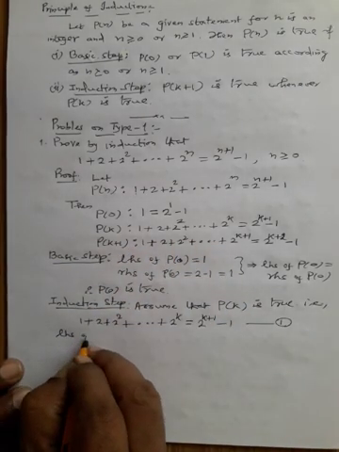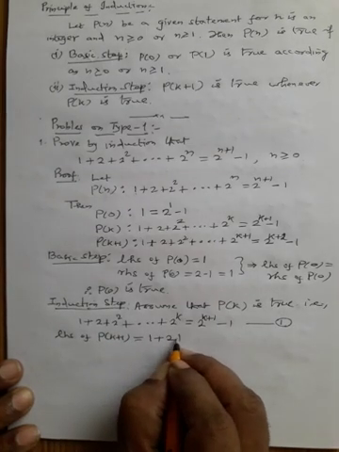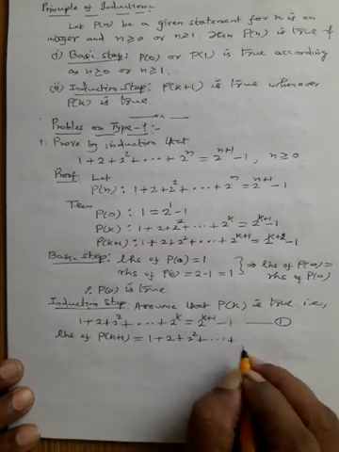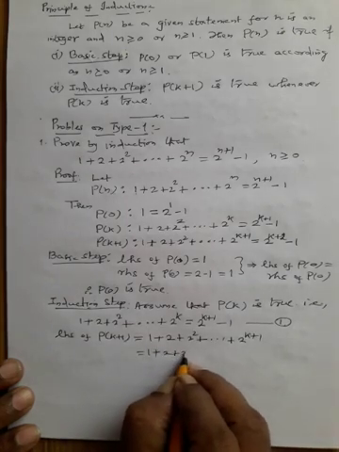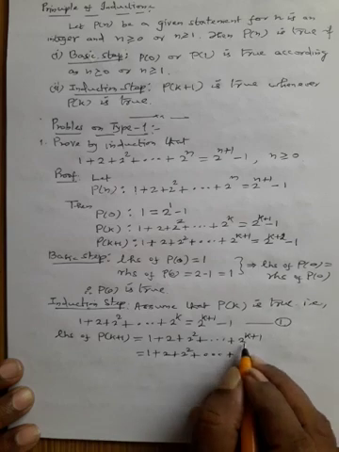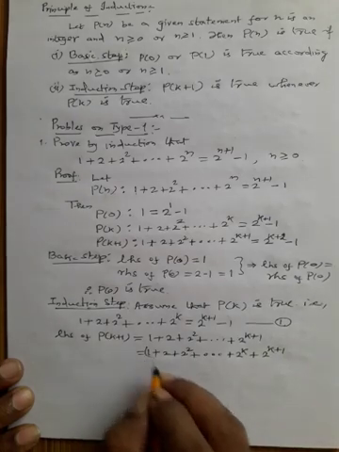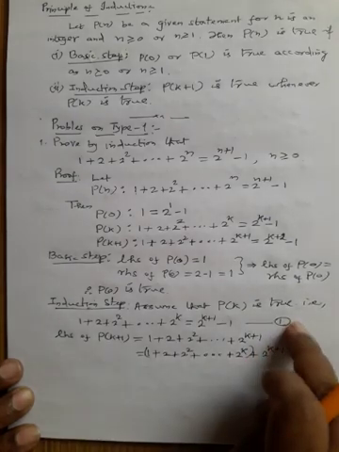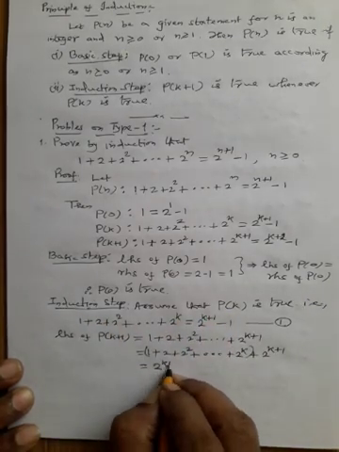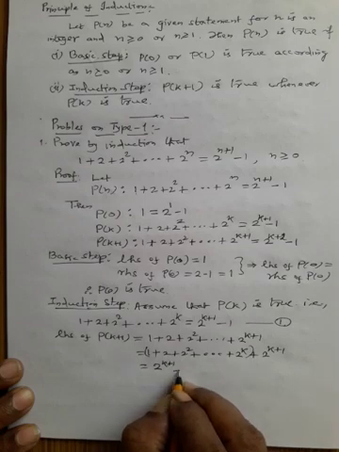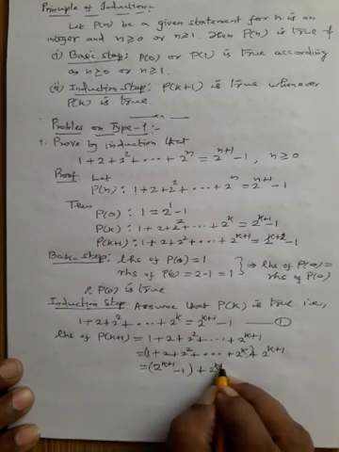What is LHS of P of k plus 1? LHS of P of k plus 1 is 1 plus 2 plus 2 squared plus etc. up to 2 power k plus 1. This is 1 plus 2 plus 2 squared plus etc. plus 2 power k, plus the last term 2 power k plus 1. The bracket value is given in 1, so the sum is 2 power k plus 1 minus 1 plus the term 2 power k plus 1.